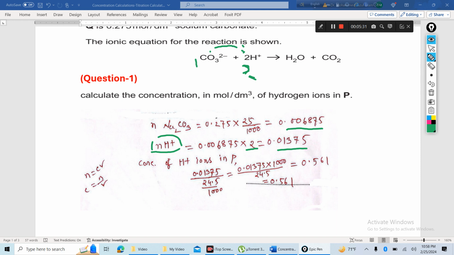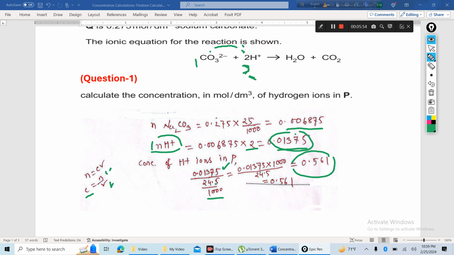Now concentration equals number of moles divided by volume. So the number of moles you calculated here, and the volume, the titer, 24.5 divided by 1000, converted to dm cube, you get this value.